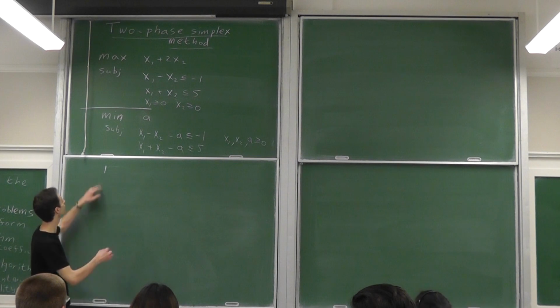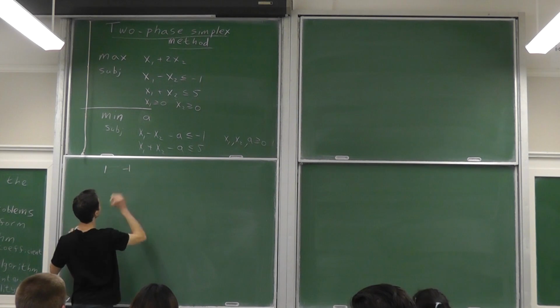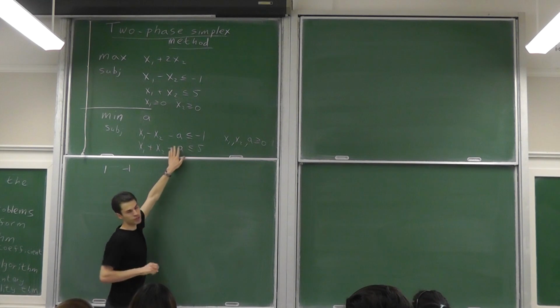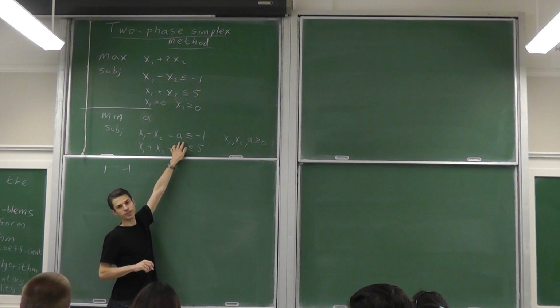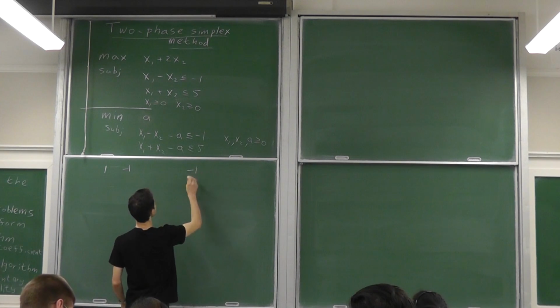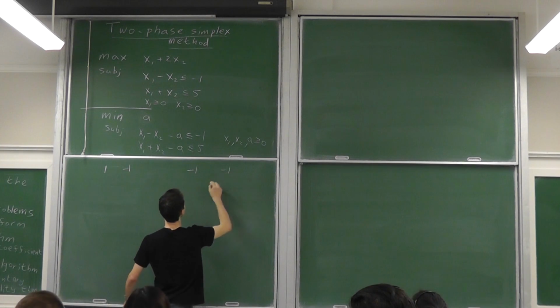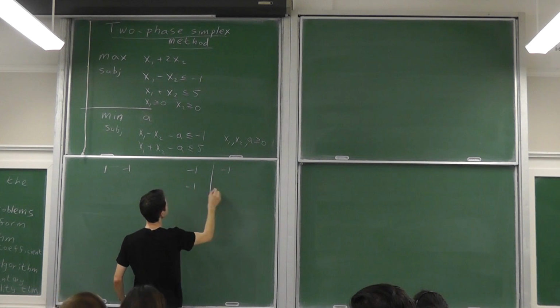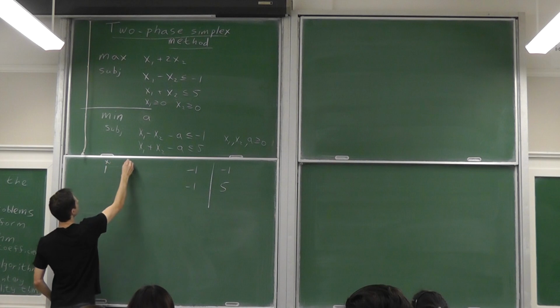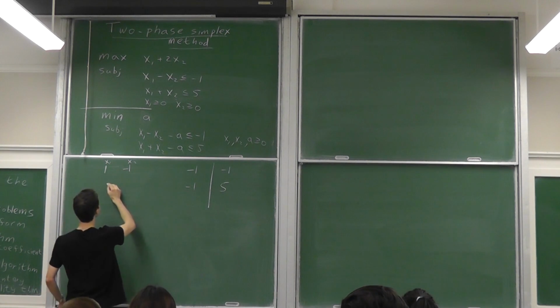So it's 1, minus 1. For a reason that I'll explain a little later, I'll write this artificial parameter in the last column. I'll put it like this: minus 1, minus 1, minus 1, 5. So this column will stand for x1, this column will stand for x2.